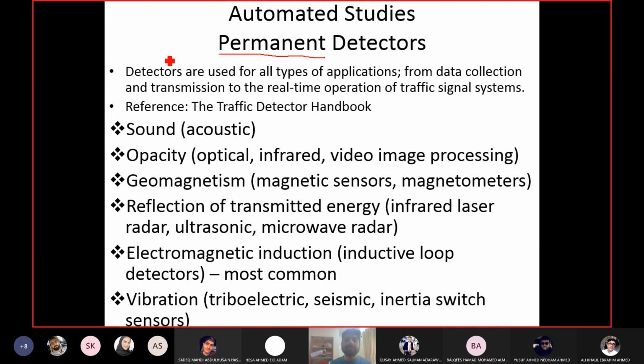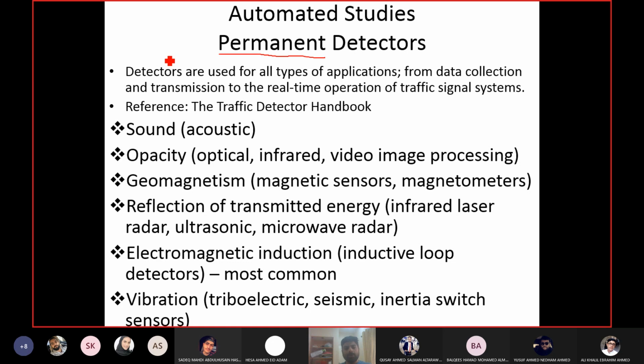Okay. So these detectors come with different types of applications, including volume, density, speed. There are so many things which you can get from these permanent detectors. These permanent detectors also have the ability to transmit the data in real time, especially to traffic signal systems. Okay, so even in Bahrain, we have traffic signals which work on permanent detectors.